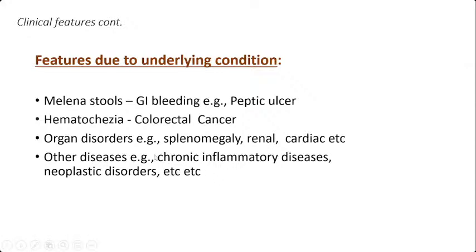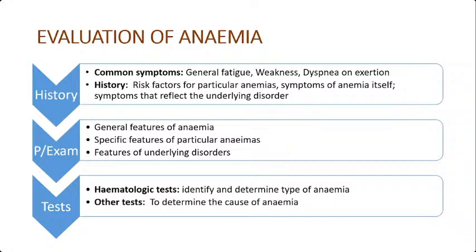All right. And other neoplastic diseases, like if somebody has leukemia, there will be underlying features that we may see with that. So knowing all this, when you come to examine and take a history in a patient with anemia, you have to make sure you try and get those historical aspects. Whenever we evaluate an anemia, we look at the clinical features, the history and the physical exam. In the history, you look for common symptoms of anemia, or the general symptoms.